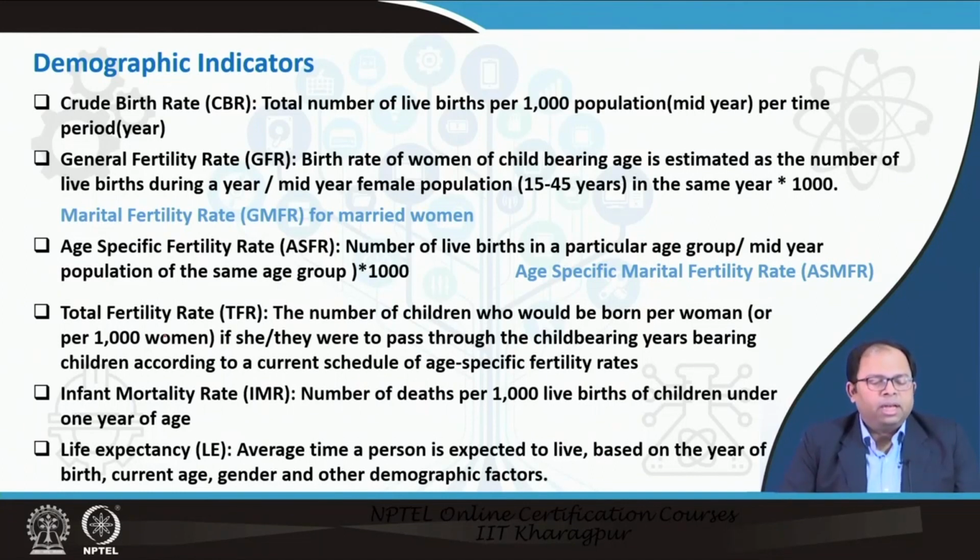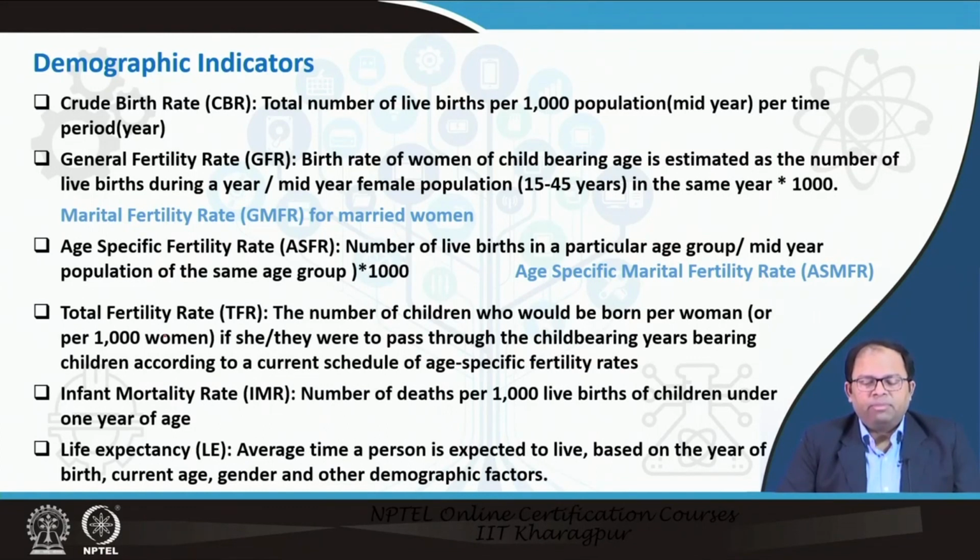Now, similar to general fertility rate, we also have the marital fertility rate, where only married women are considered. Then comes age-specific fertility rate (ASFR), the number of live births in a particular age group per mid-year population of the same age group, multiplied by 1,000.